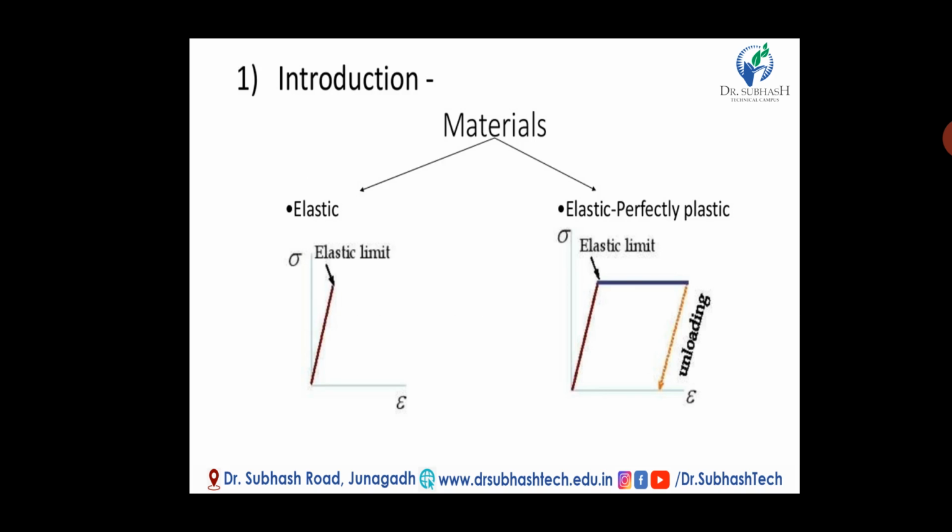In the elastic method of design, also termed the working stress method or allowable stress method, stress and deformation are computed at working load using the elastic property of steel.